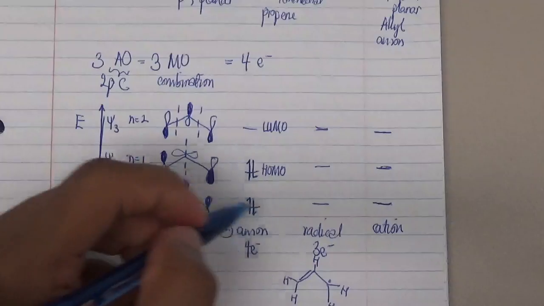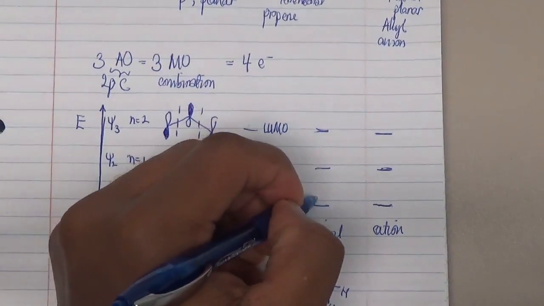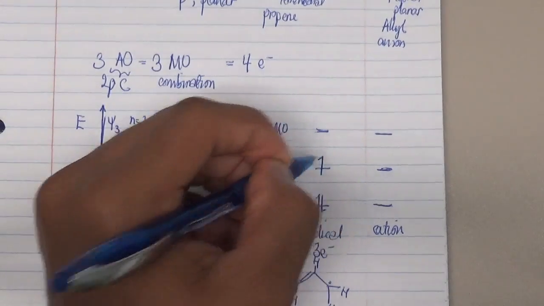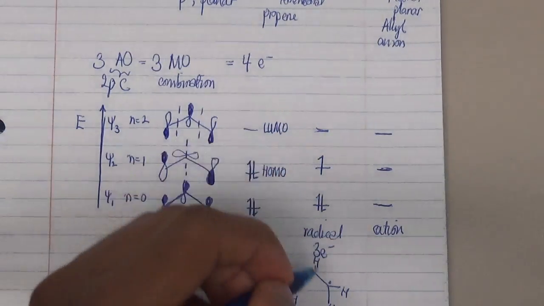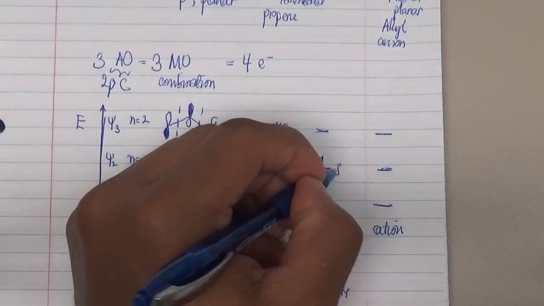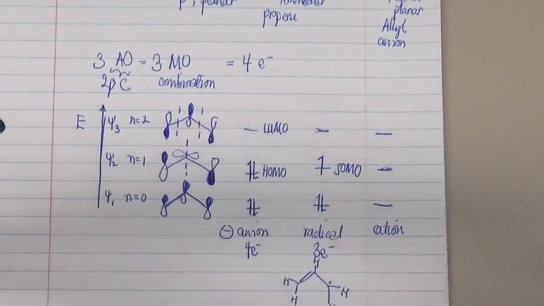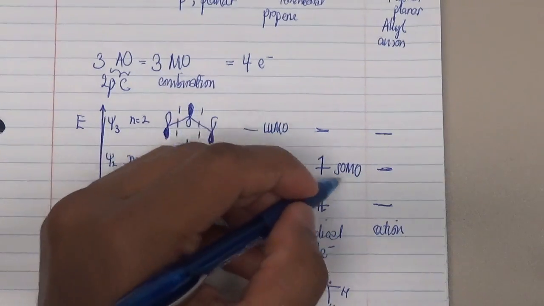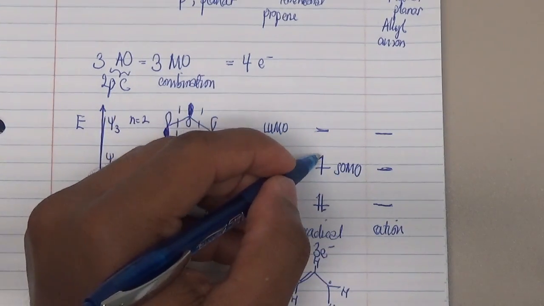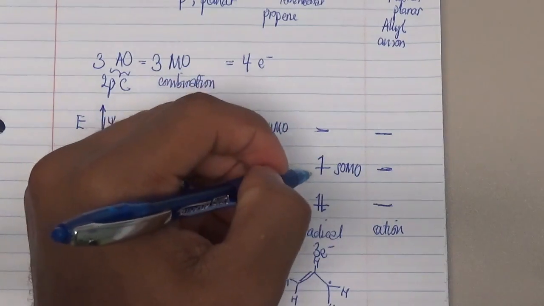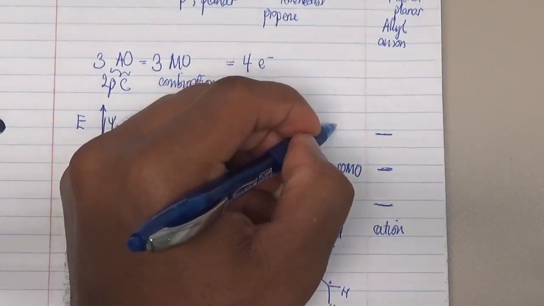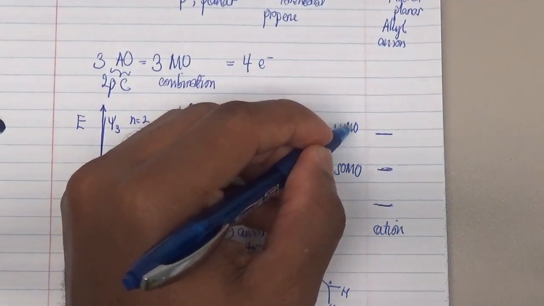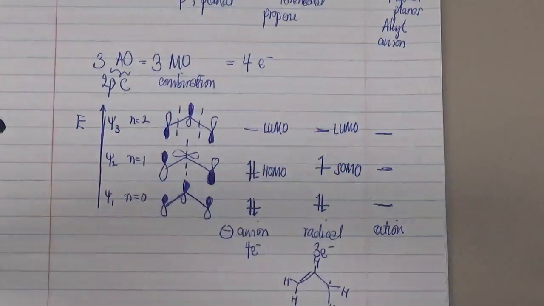So what happens here is that since we have 2 electrons, we pair the first one, and then the second one we add 1 electron, which is unpaired. What we get here is our SOMO. So the SOMO means singly occupied molecular orbital, and this SOMO is what we have over there because it's just singly occupied in this higher energy level over here. But here we have our LUMO over there because it's the lowest unoccupied molecular orbital.